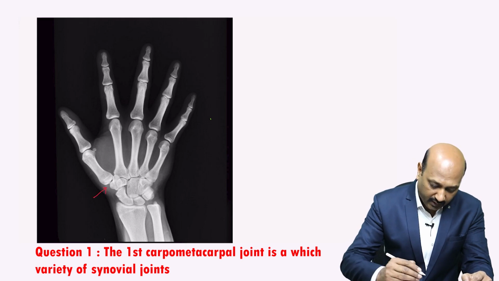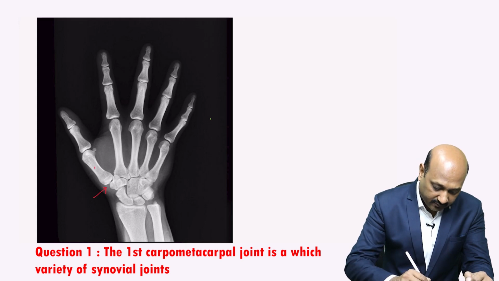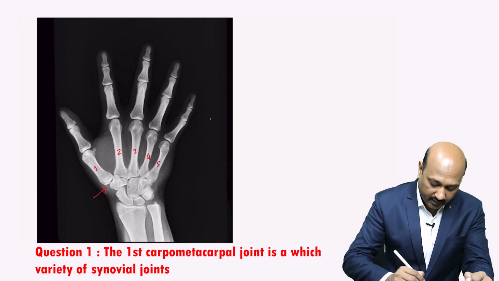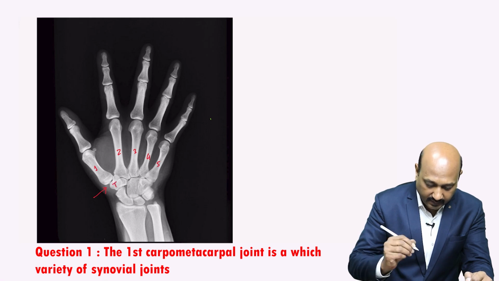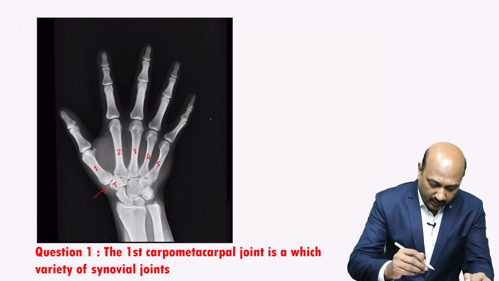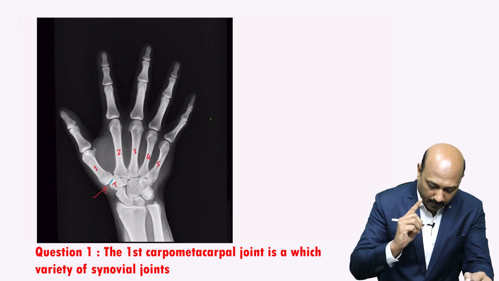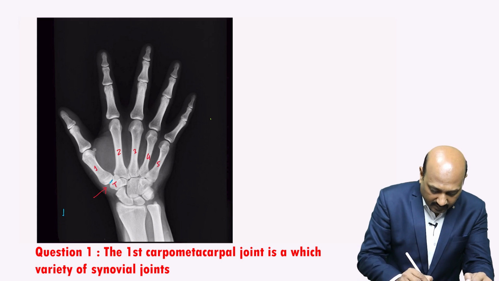This is a joint between the carpal and the metacarpal bone. You can see here this is the first metacarpal, this is the second metacarpal, this is the third, fourth, and this is the fifth metacarpal, and the carpal bone present here is the trapezium. The joint between the first metacarpal and the trapezium is the first CMC, the first carpometacarpal joint.